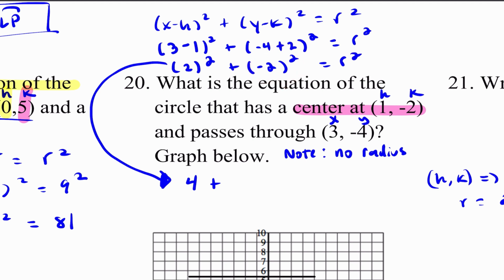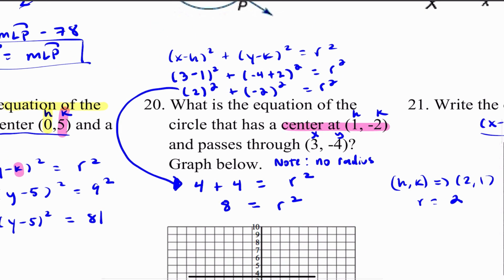Well, -2 the quantity squared is basically saying -2 times -2. A negative times a negative is a positive, so that's going to be 4, which is equal to r squared. So 8 equals r squared.